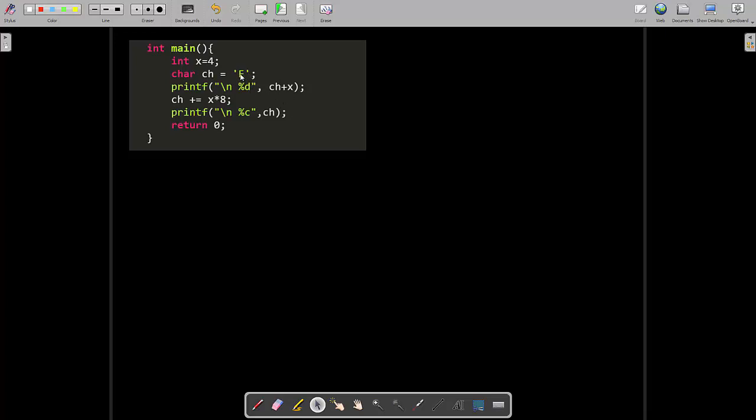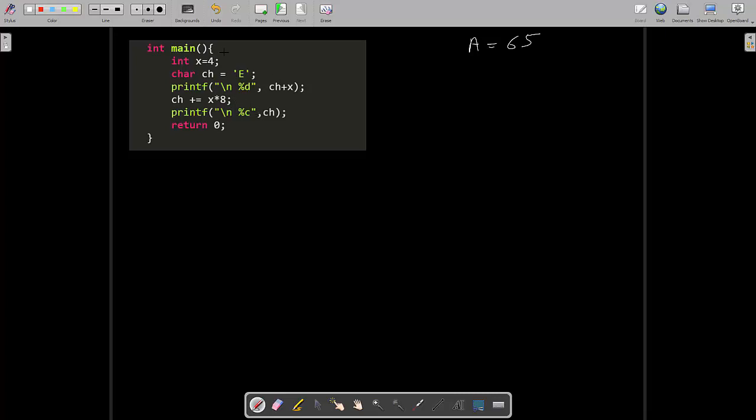Now you should know the ASCII value of A. The ASCII value of A is 65. So from there onwards we can calculate the values of other characters.